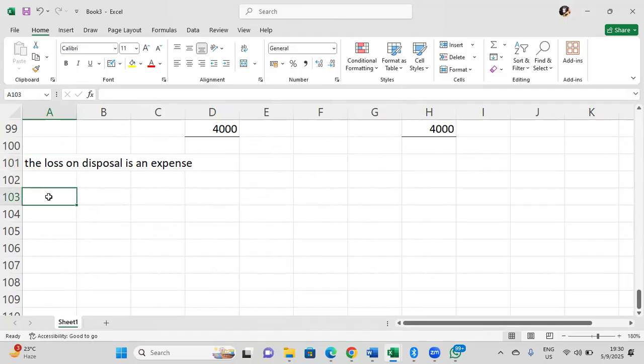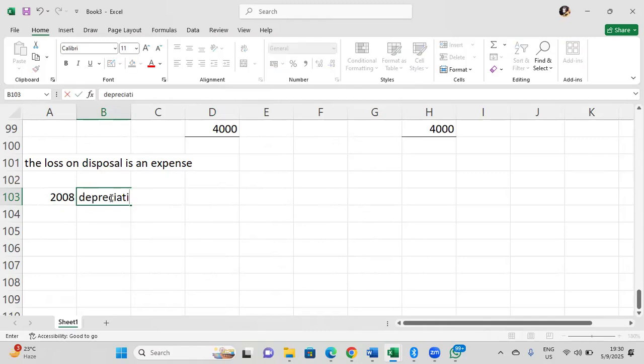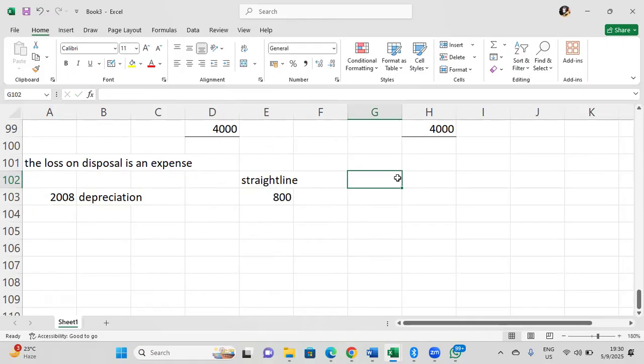So for the year 2008, if it's the straight line method, you'd record depreciation of 800. Here we can say straight line, and here let's assume it's the reducing balance.